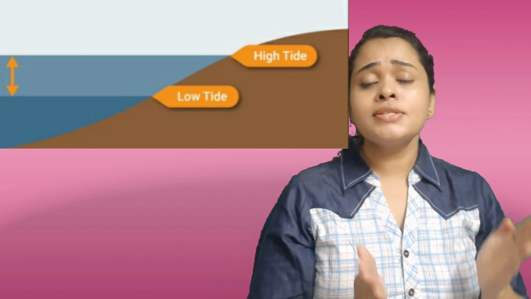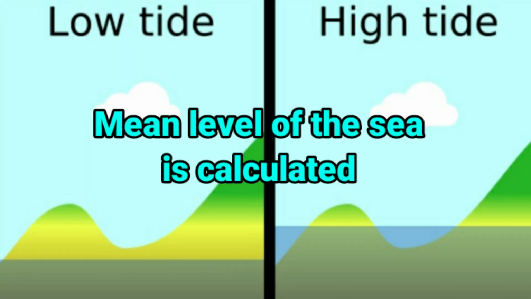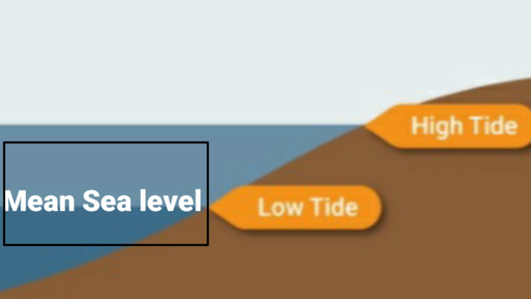As a result of this phenomenon, the level of the sea keeps on either rising or falling. In order to solve this problem, the level of the sea is calculated at frequent intervals and the mean level of the sea is calculated, which is called the mean sea level, which is used to depict the height of the land.